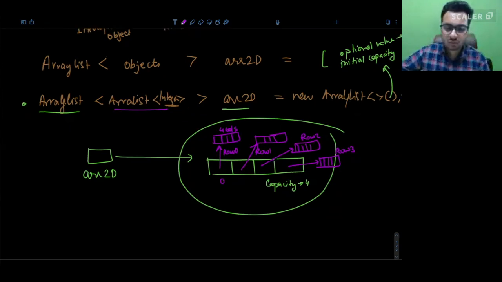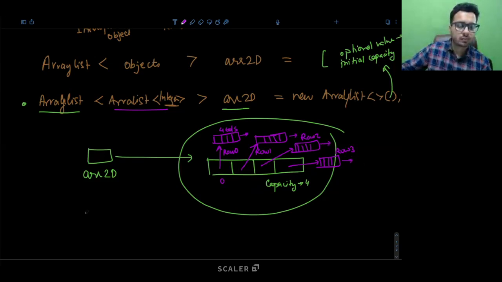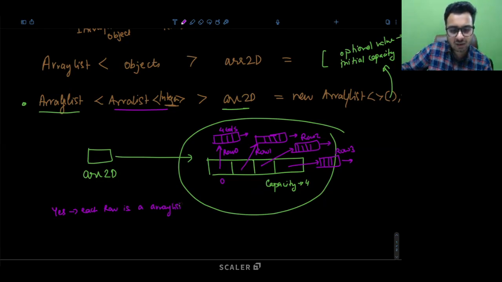Now, we are interested to know: can each row grow along its direction? Can we grow each row? The answer is yes, because each row itself is an array list. Great. So each row can be expanded. Can we grow the number of rows?